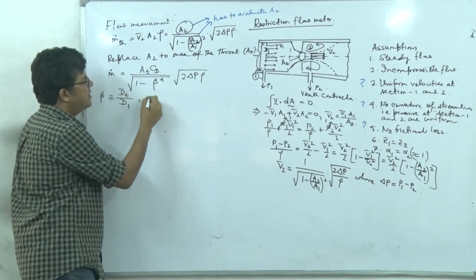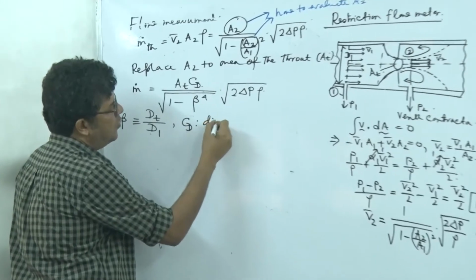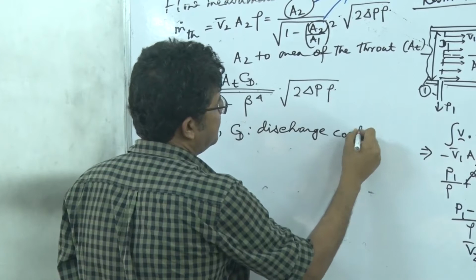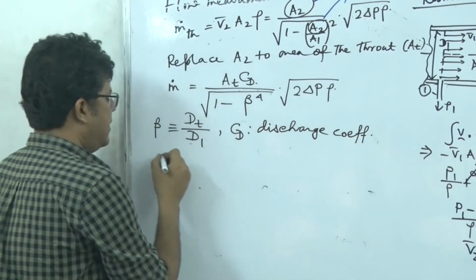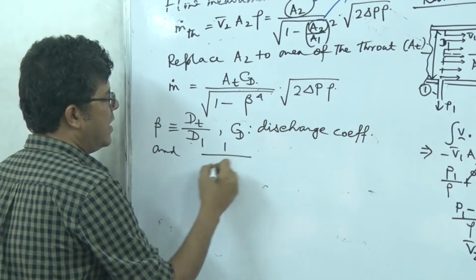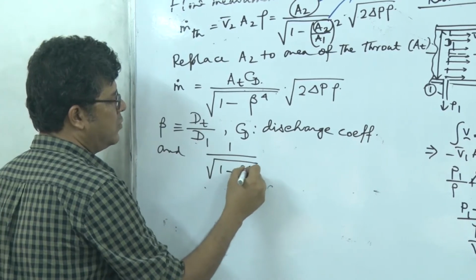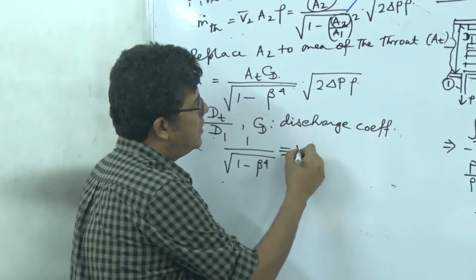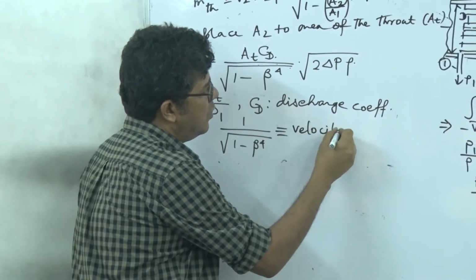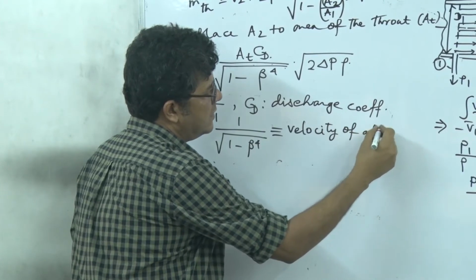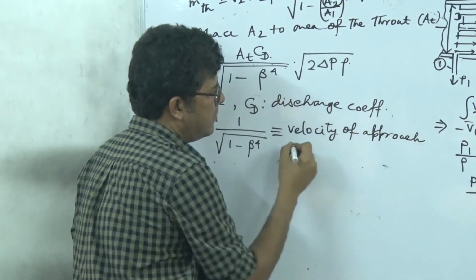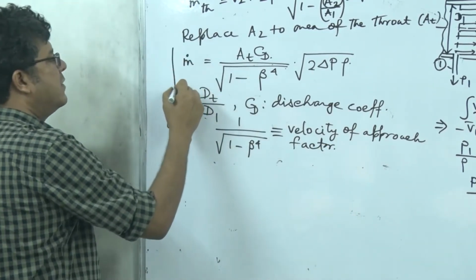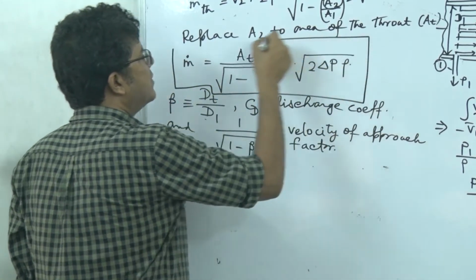CD is a correction factor called the discharge coefficient, and this root of 1 minus beta to the power 4 has got a technical name, it's called the velocity of approach factor. So this is my final working equation.